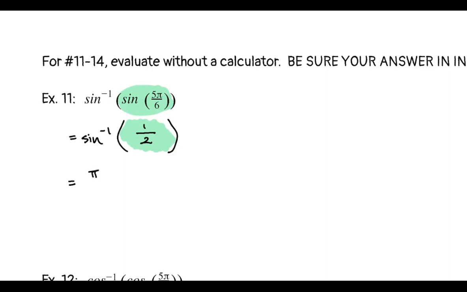So we have pi over 6 or 5 pi over 6, all right? Which one do we put the red X through? Which one is not in our range? Great. 5 pi over 6 is not in our range. Therefore, our answer is pi over 6.